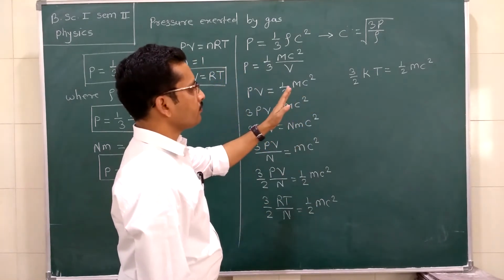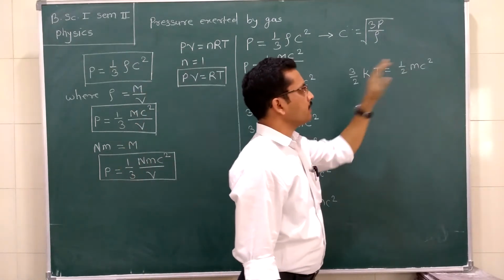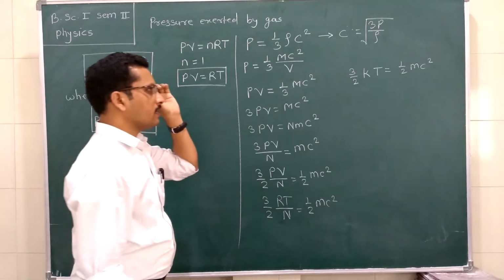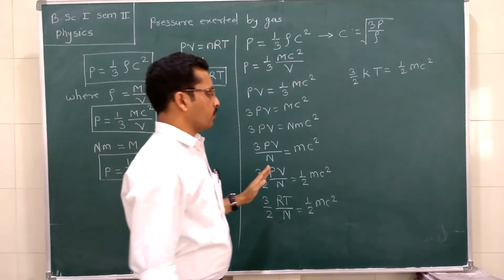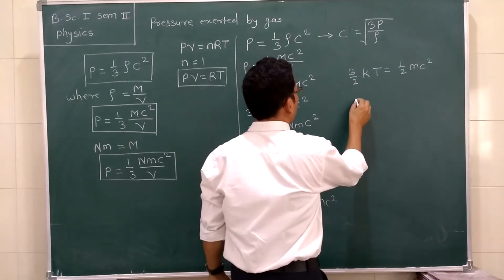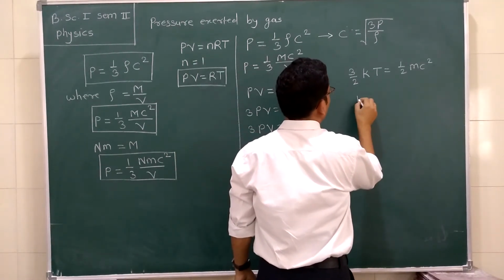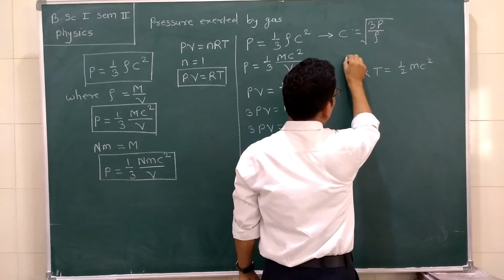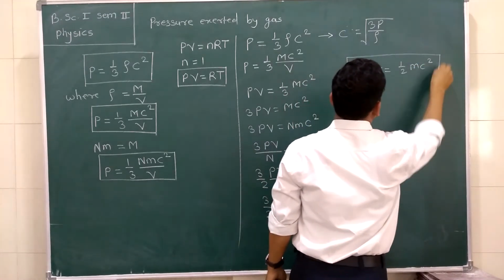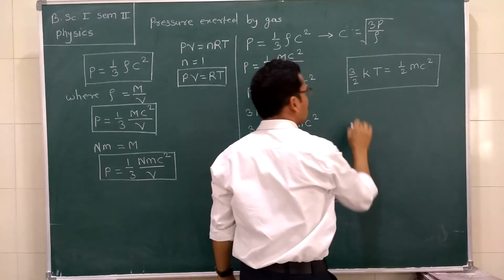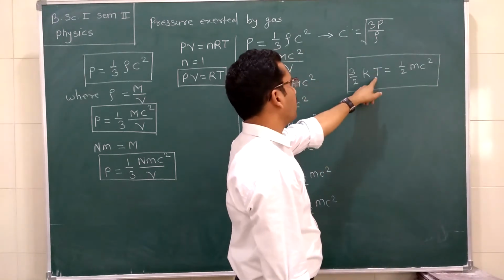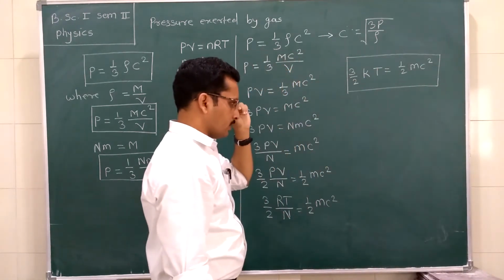Now we know that 1 by 2 mc square is nothing but the kinetic energy of a gas molecule. So we can write the kinetic energy is equal to 3 by 2 kT. This is the equation which represents the relation between the energy of the gas and the absolute temperature.